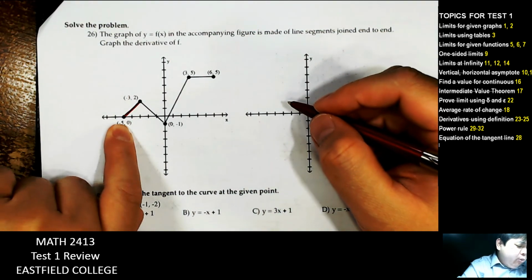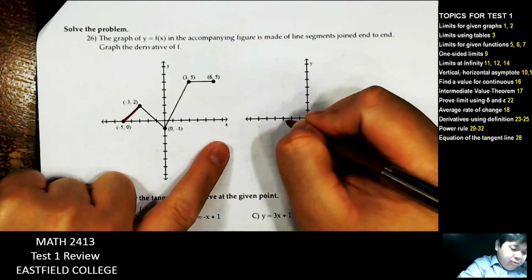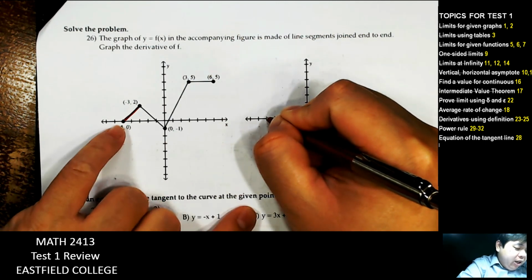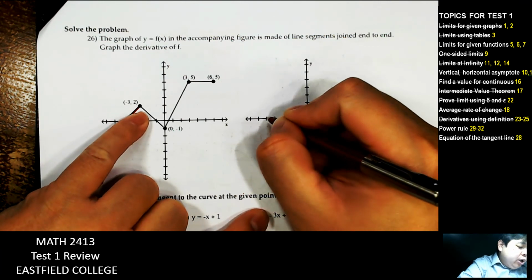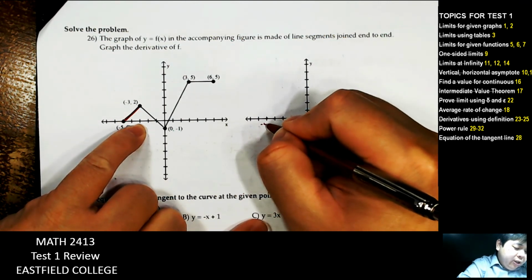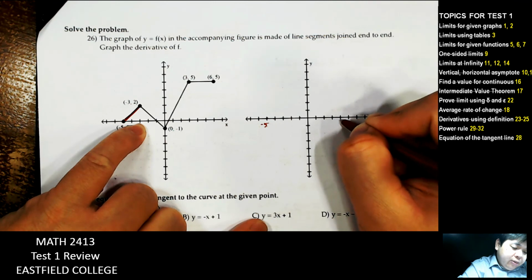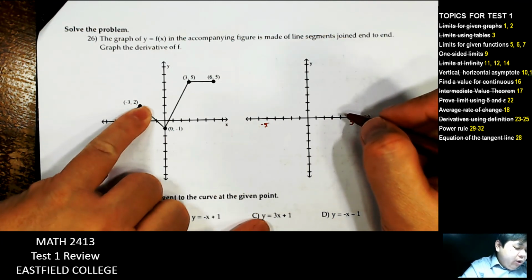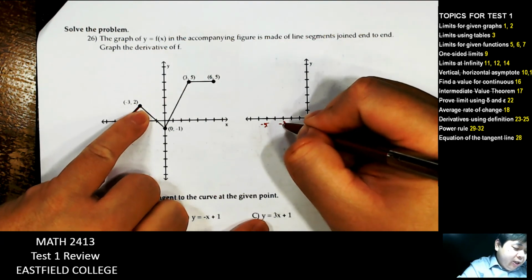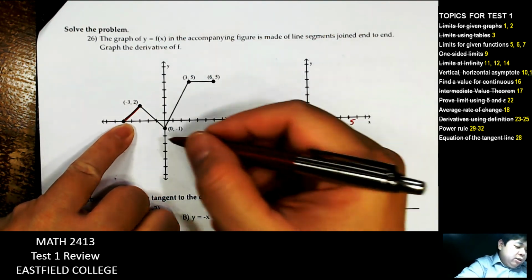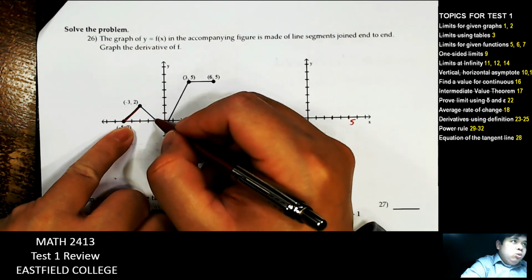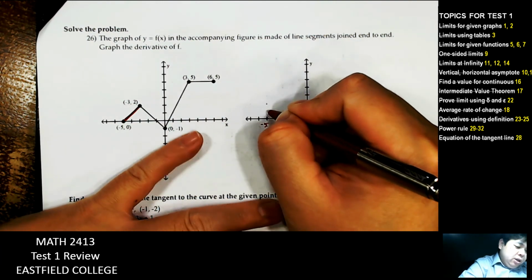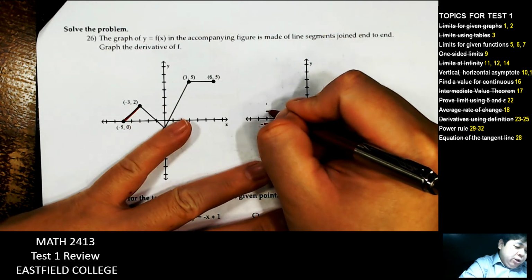So from negative 5 to negative 3, the slope is 1, because 1 up, 1 to the right. So the derivative equals 1.